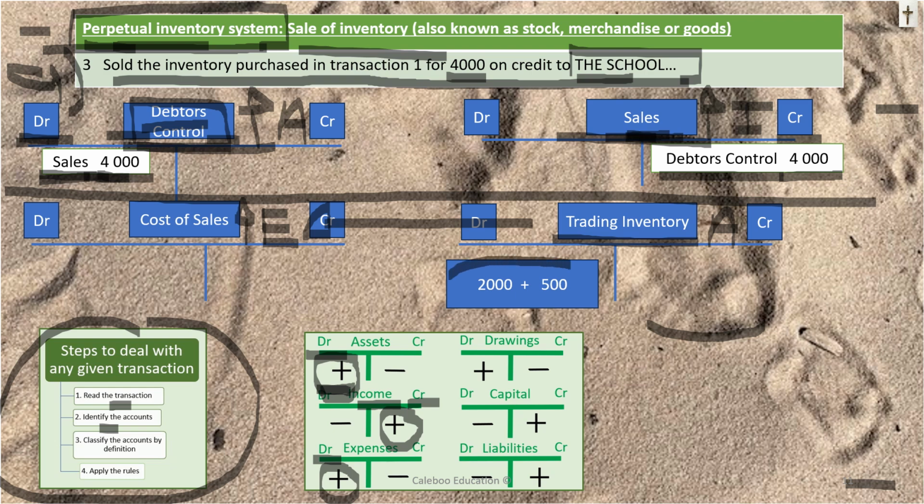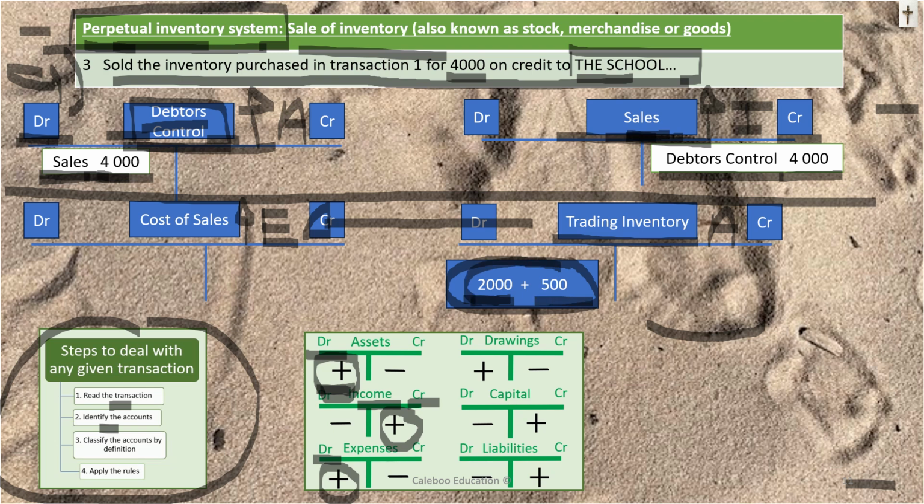Now I have put here in blue 2,000 rand, or euros, because we're in France. 2,000 euros worth of stock was purchased in transaction 1. Then there was carriage inwards.